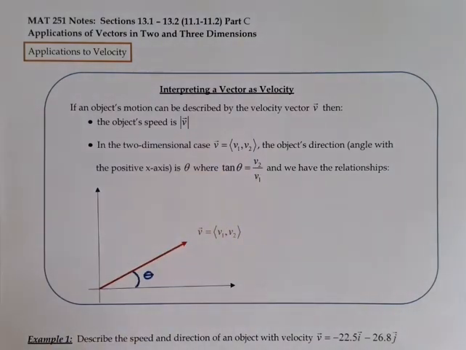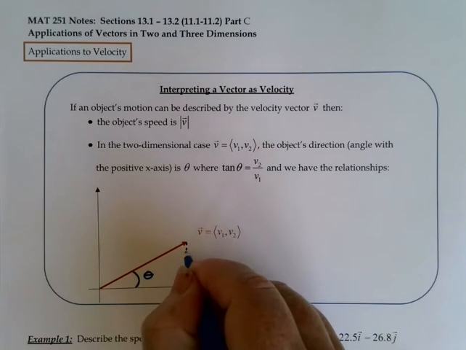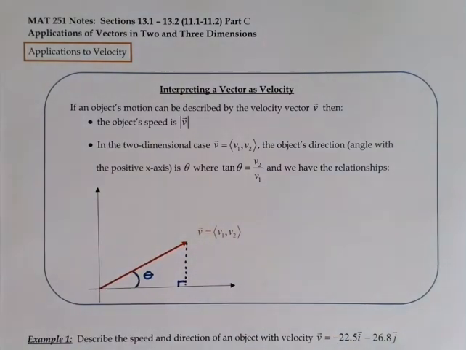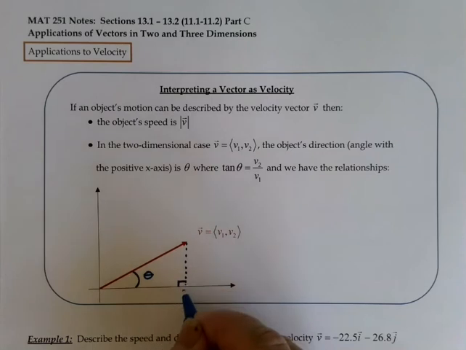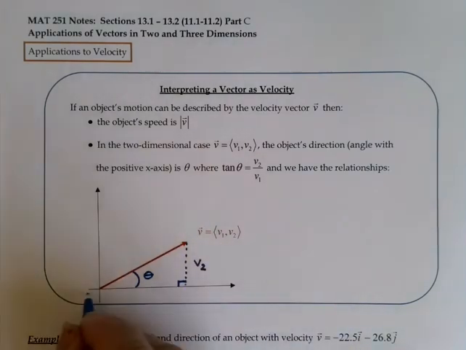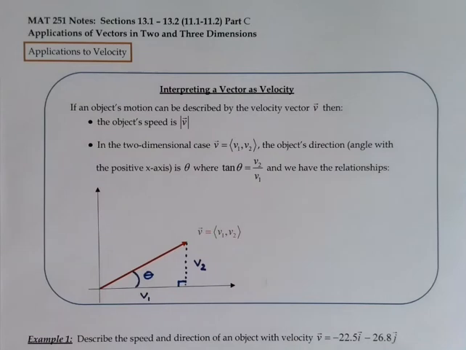You can see that fairly easily. If you drop the perpendicular here to the x-axis, v2 is going to be our y value here, and v1 would be this x value. And so you can see that the tangent of theta is indeed opposite over adjacent, or v2 over v1.